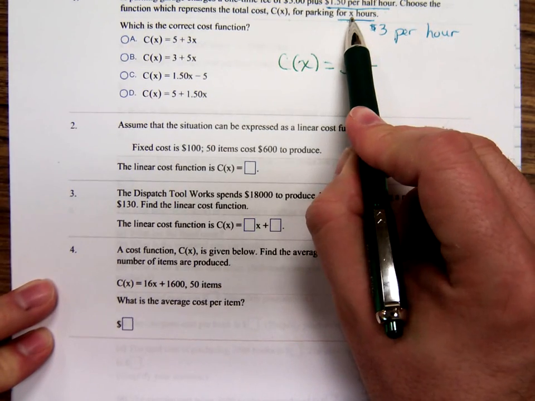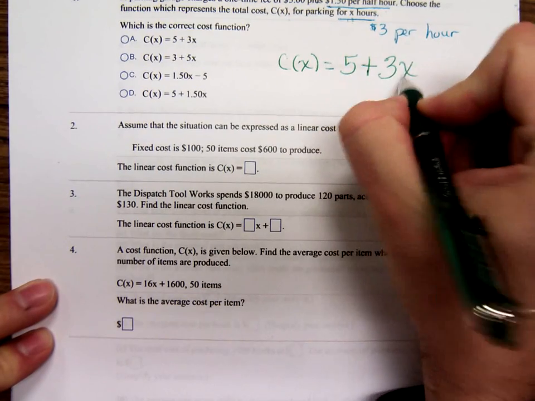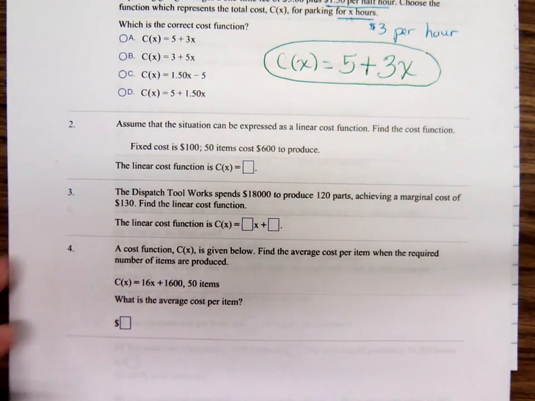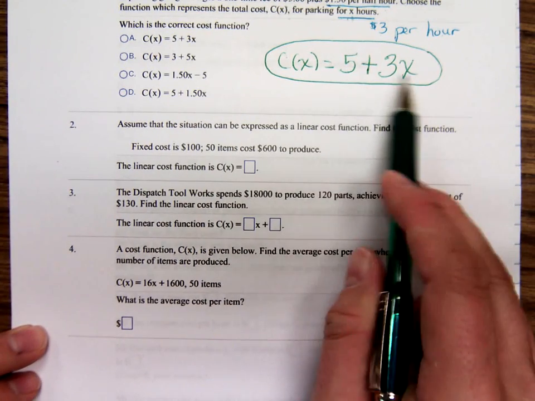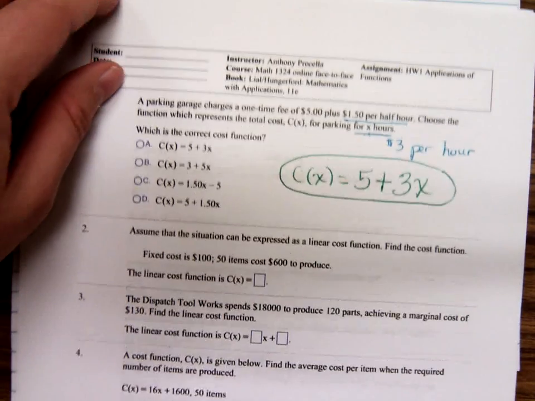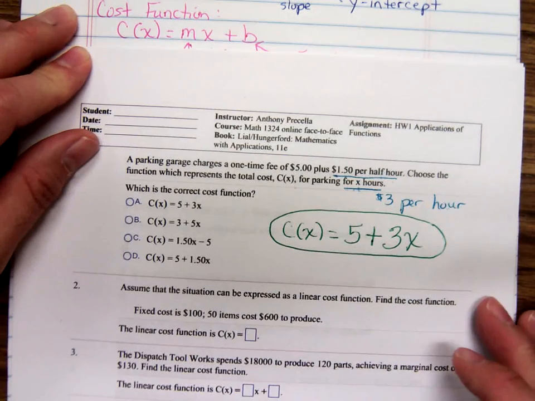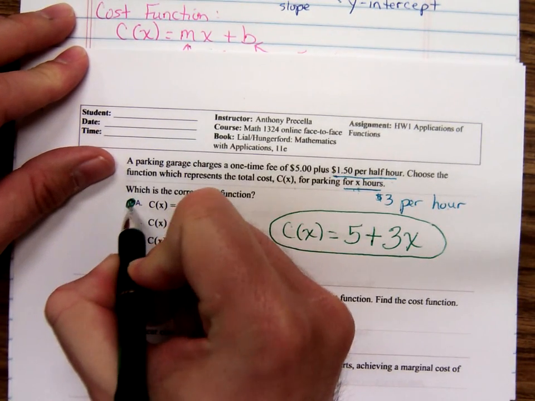If X is the number of hours, 3X, or 3X plus 5. Why did I write it like this? Well, because that's how the answer choice was written. This is a multiple choice problem, it looks like.